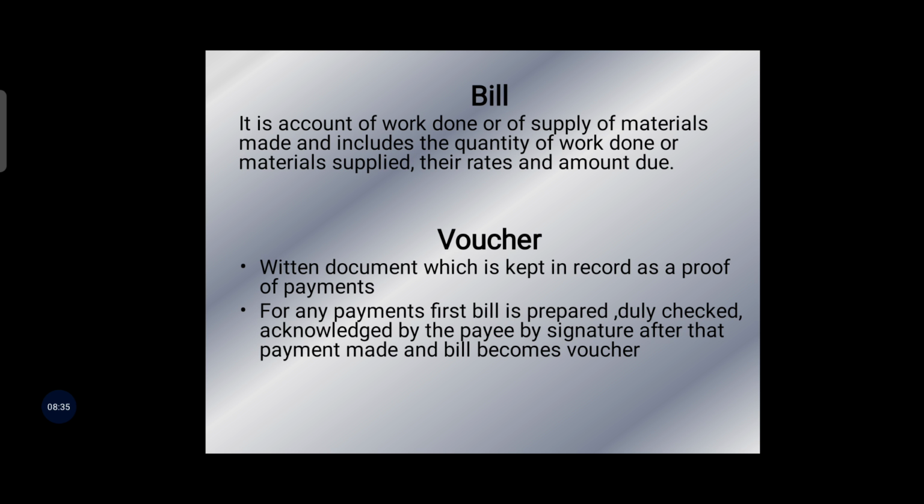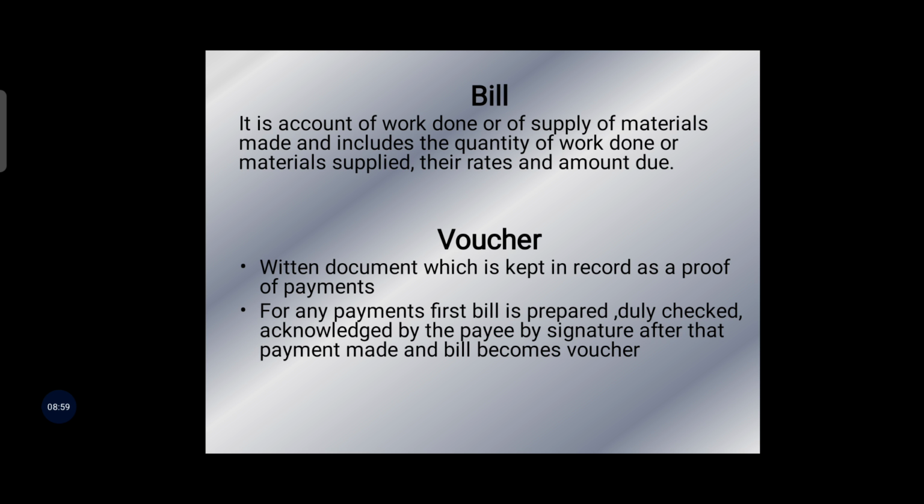Now the next one is voucher. A voucher is a written document having details and kept as a record as a proof of payment. For any payment, first a bill is prepared and payment is made on the bill, duly checked and acknowledged by the payee by signature on a revenue stamp.